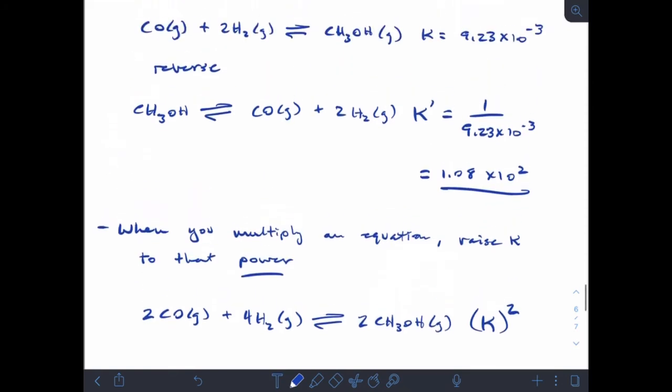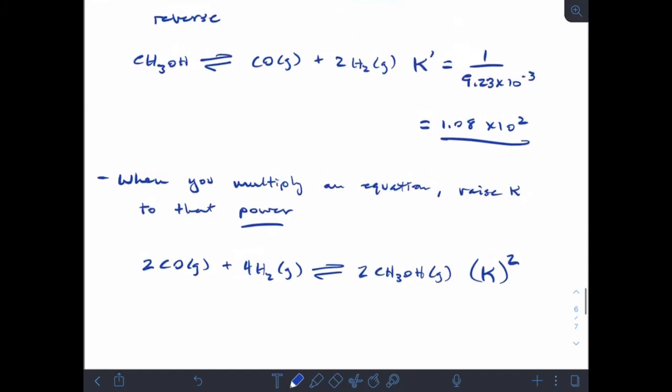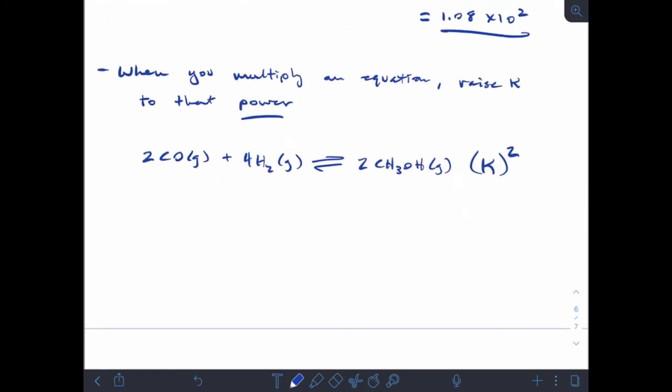All I've done is taken this reaction and multiplied it by 2. And when I multiply the equation, I take K to the second power. Whatever I multiply by, I take it to that power. So we would have our new K, K prime, is 9.23 times 10 to the minus 3 squared, which equals 8.52 times 10 to the minus 5.